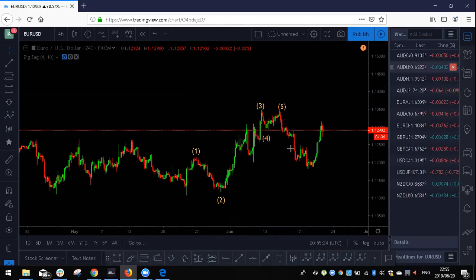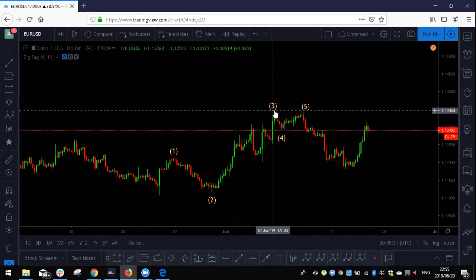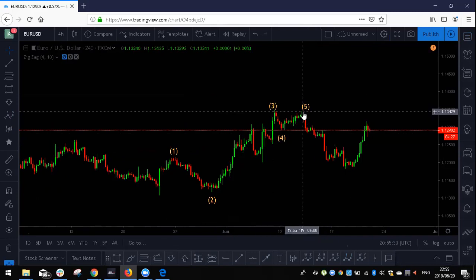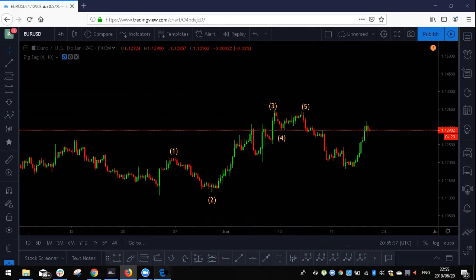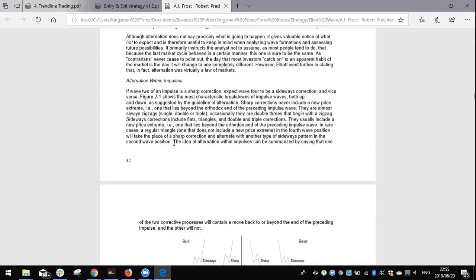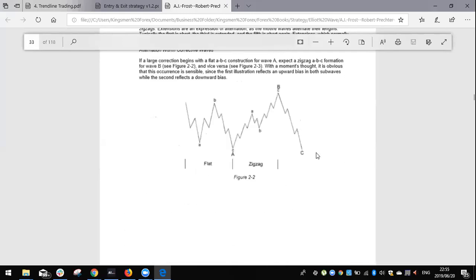No. Okay, we say it's truncated if wave 5 fails to break the high of wave 3, because you see wave 5 is lower than wave 3. Can you see? They have it here on the book. I'll show you. Where is truncation? It should be at the top.